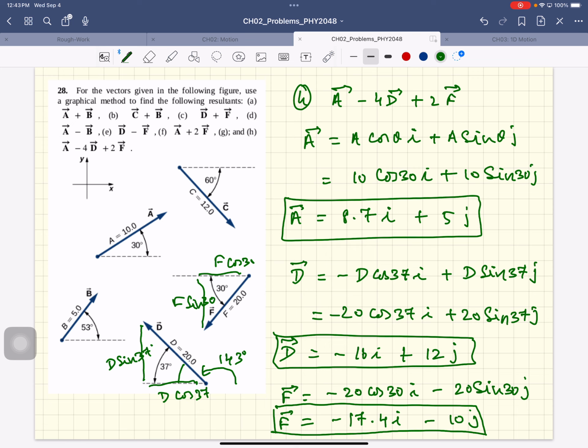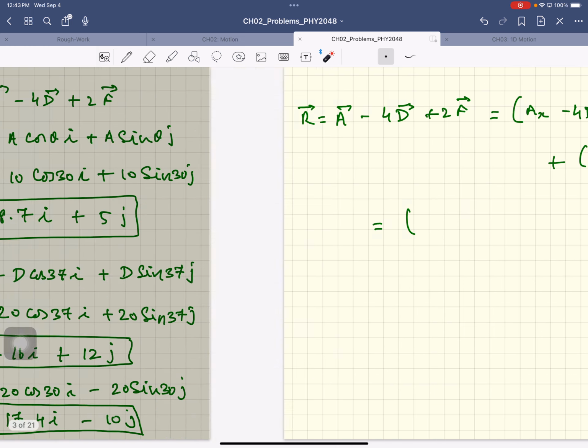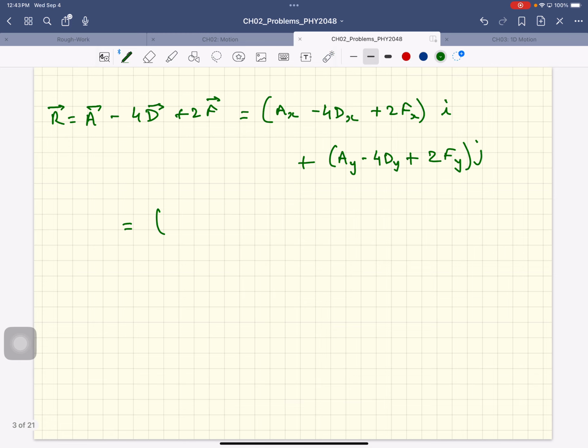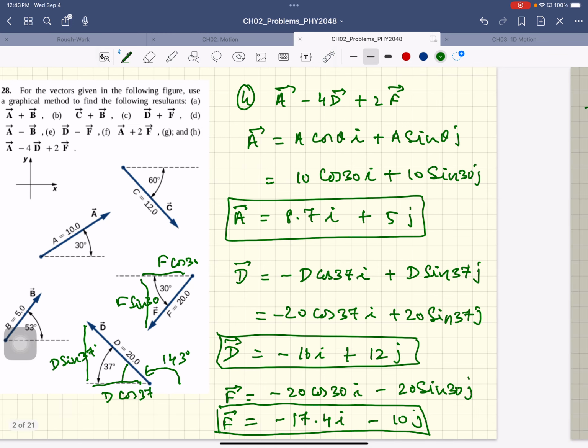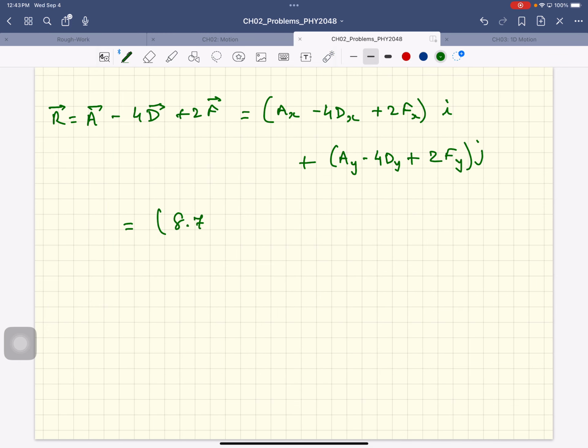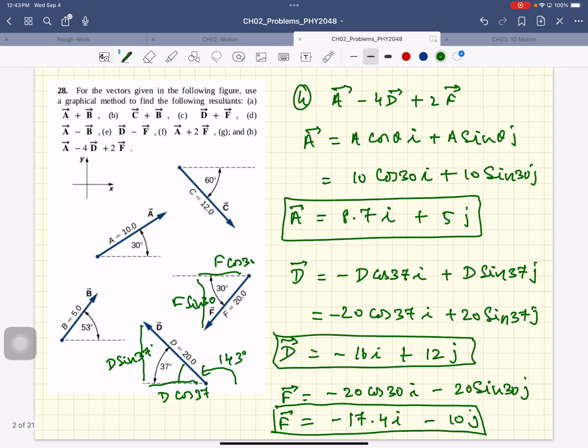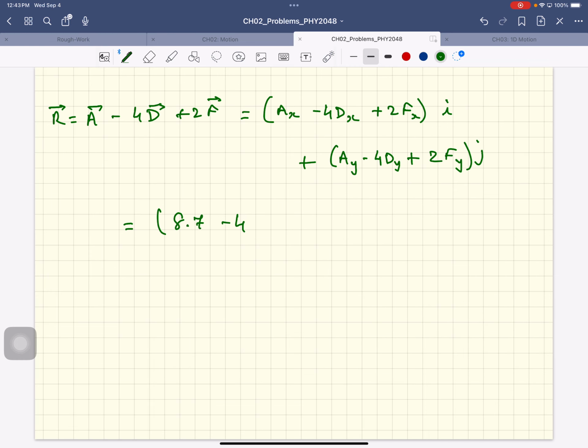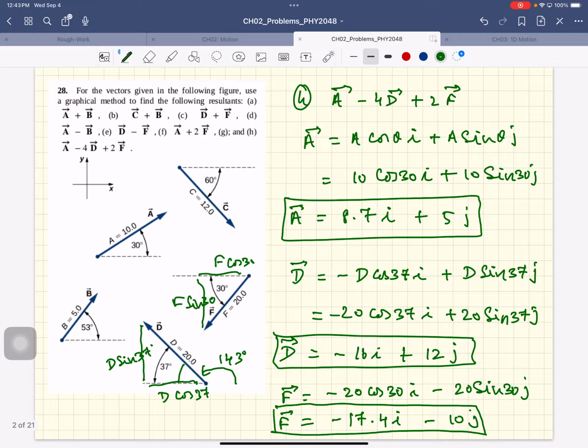Now it's just a matter of adding all those up. There is Ax, Dx is that, and Fx is that. So Ax is 8.7 minus 4 times Dx, which is 16, plus 2 times Fx.